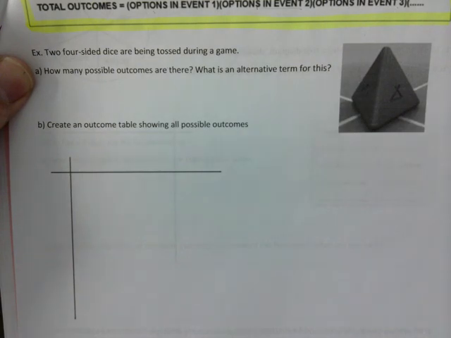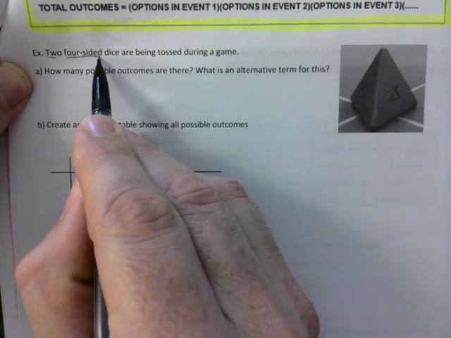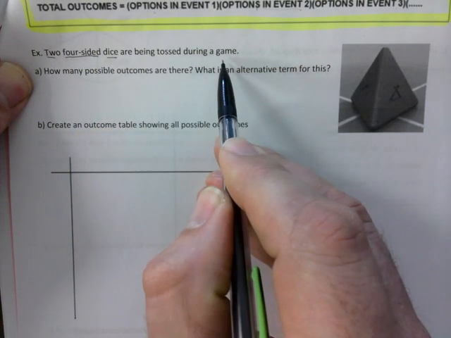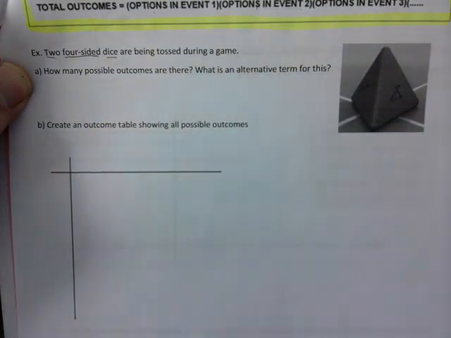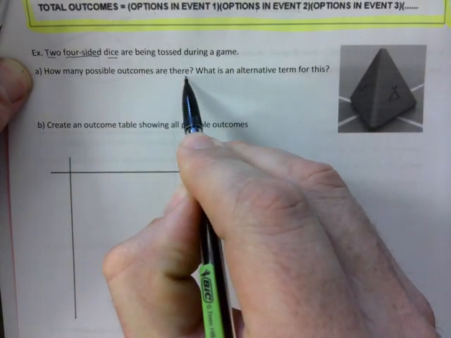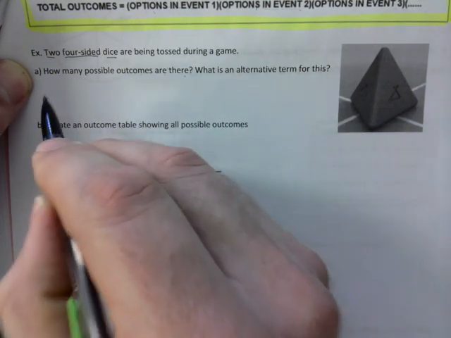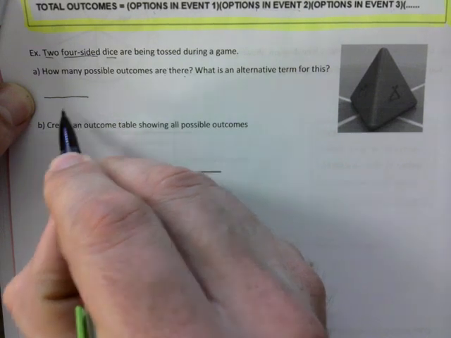When I'm done page 40, that's it for today. And you're just going to do a little bit of your own. So 2 4-sided dice are being tossed during a game. How many possible outcomes are there? And what's an alternative term for this, right? So we will say this.